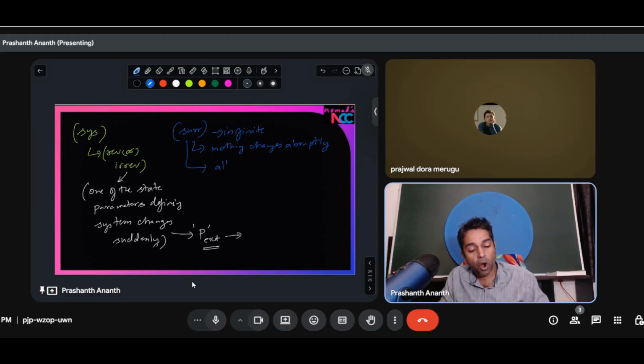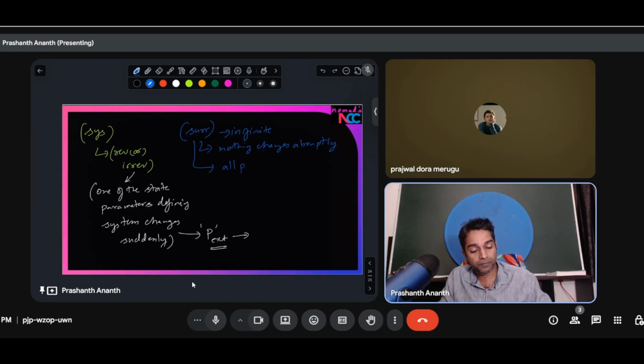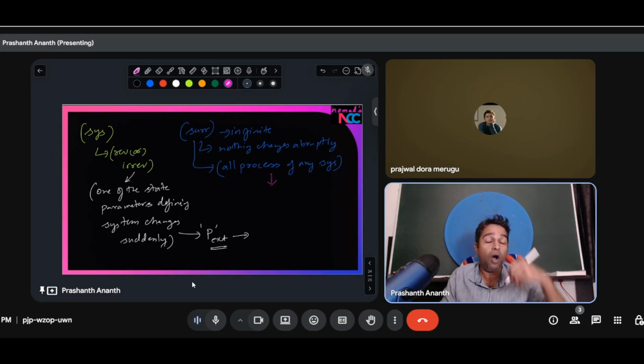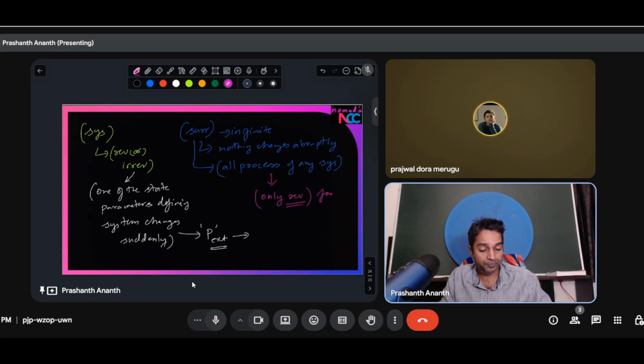For surroundings, all processes of any system, I don't care what system it is, are only going to be reversible. Everything is reversible for surroundings, regardless of what you consider as process for the system, because none of the parameters for a surrounding can ever be changed abruptly, simply because it is infinity.